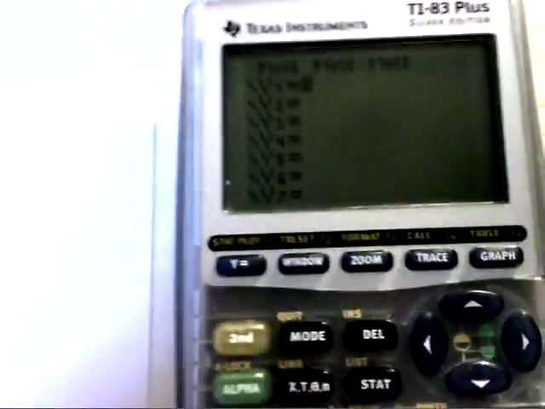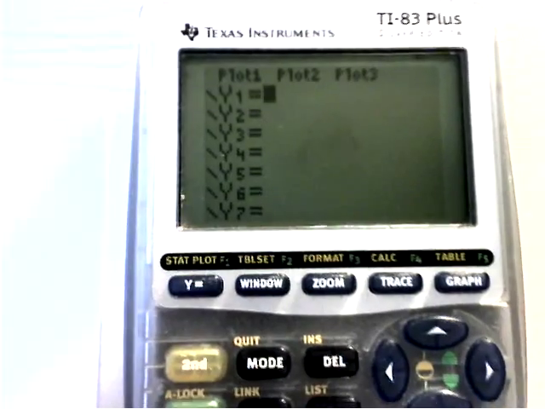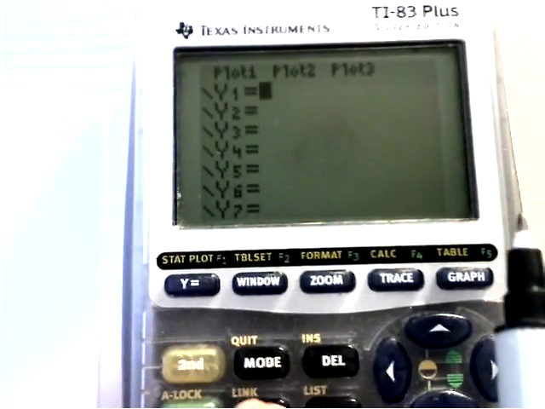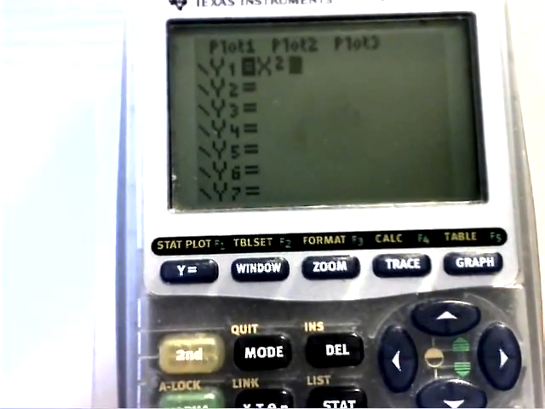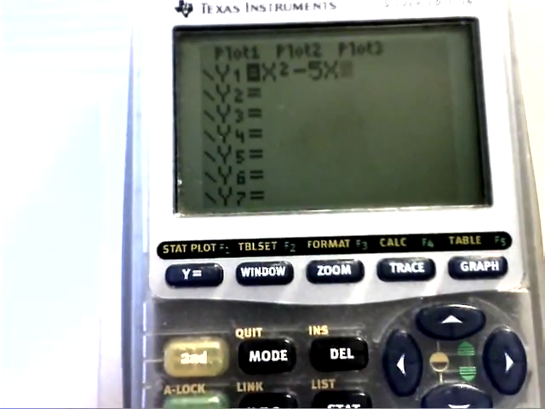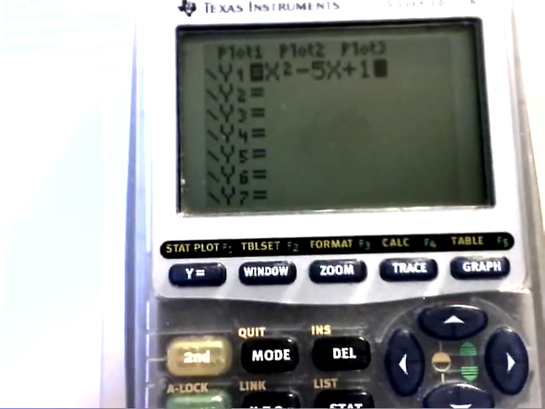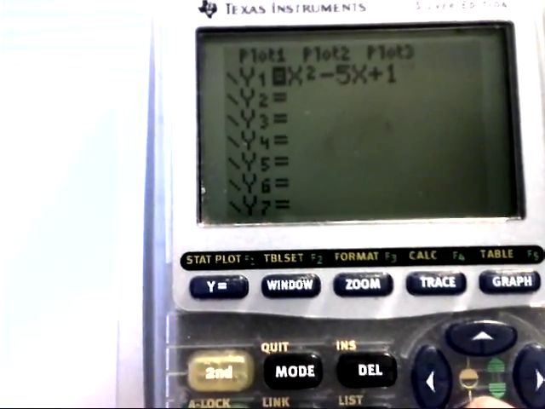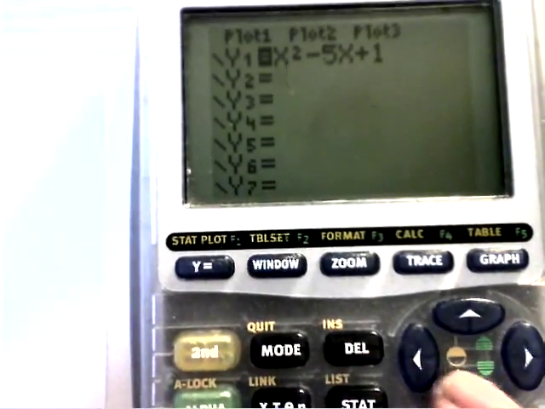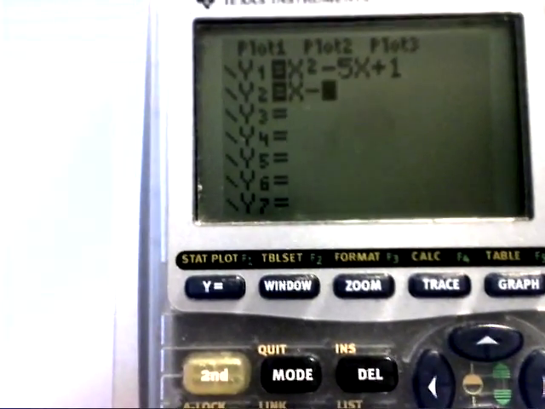Now here we're going to enter x squared, so here x, and then your x squared button for your exponent of 2, minus 5x plus 1. That's your y1. Then hit your down arrow key to y2, and then type in x minus 2.